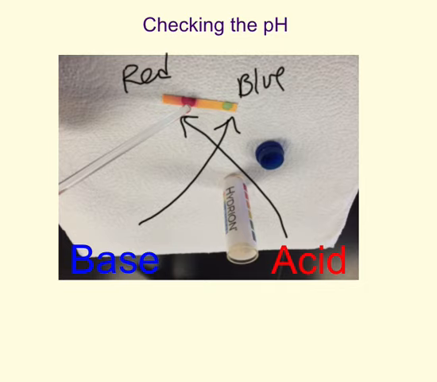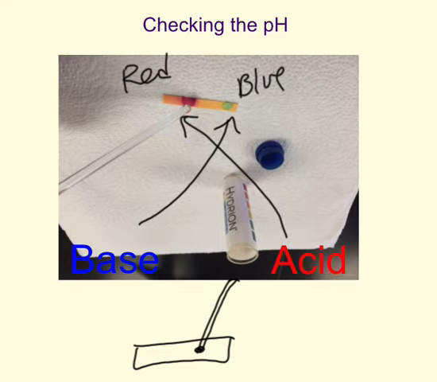You only need to grab one strip at a time, put that strip down, take your stir rod, dip it in your solution, and just touch the litmus paper and see what color it changes. So you will be able to use that strip multiple times.